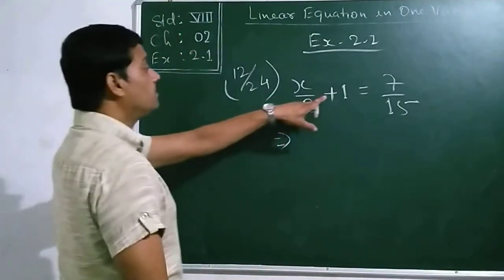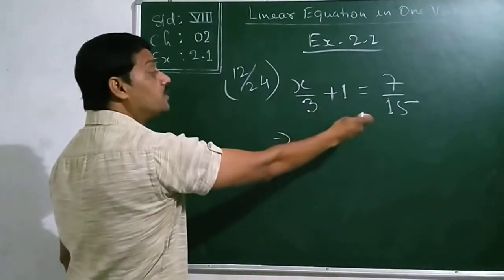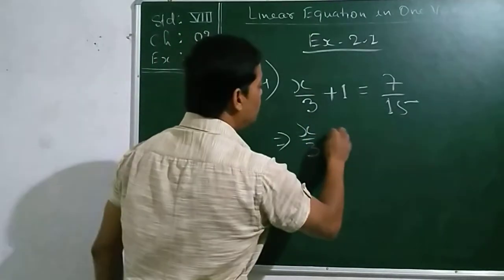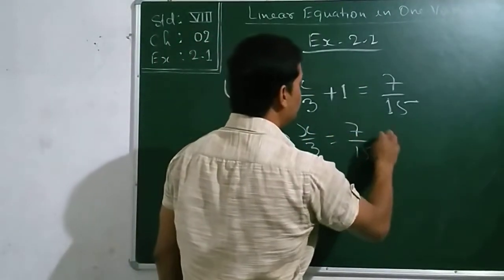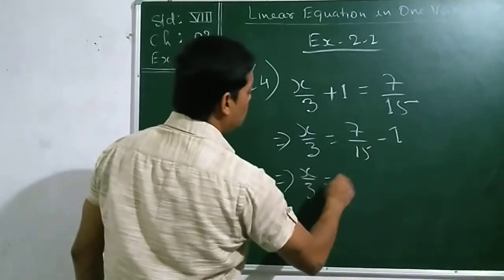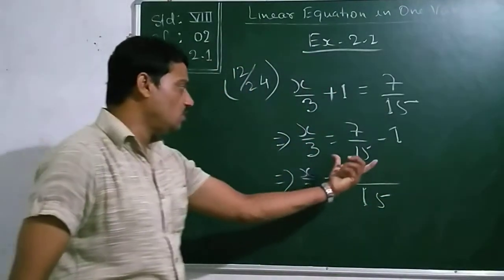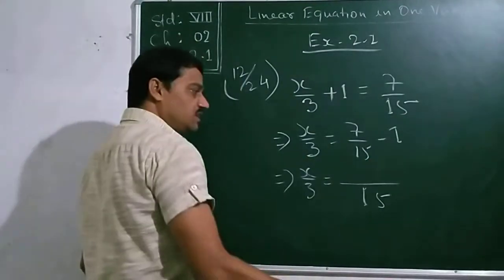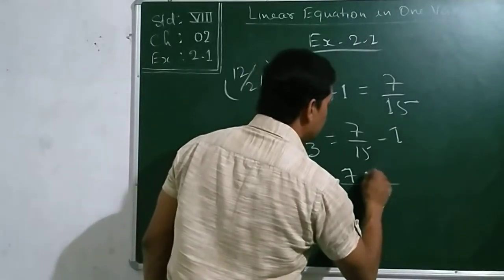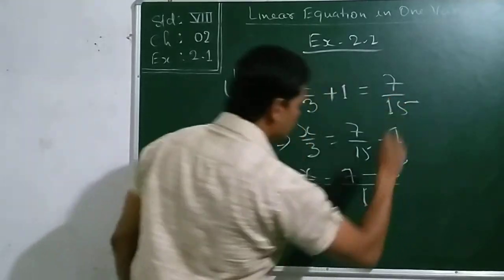X by 3 plus 1. First of all, we will take this one to the RHS. X by 3 equal to 7 by 15 minus 1. Now, x by 3 equal to, if you take the LCM of both the numbers, as you had learned in the fraction chapter, 15 is 15, 7 is 7, minus 1 times 15 is 15.